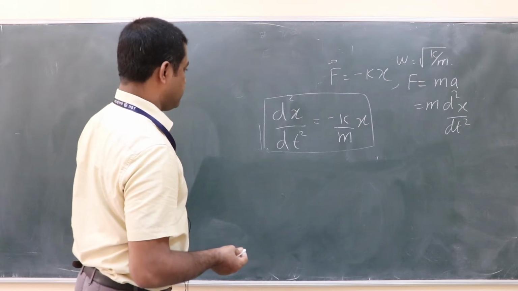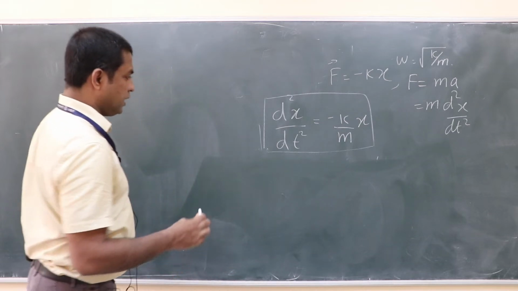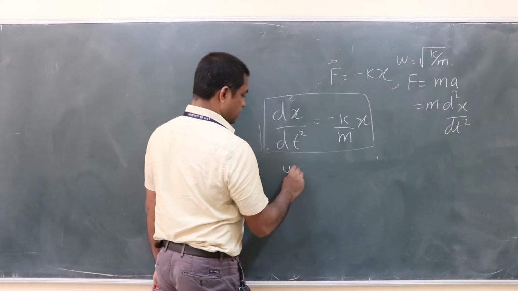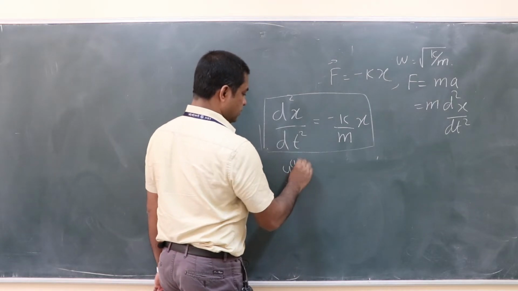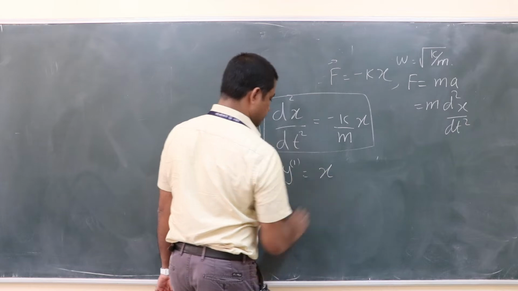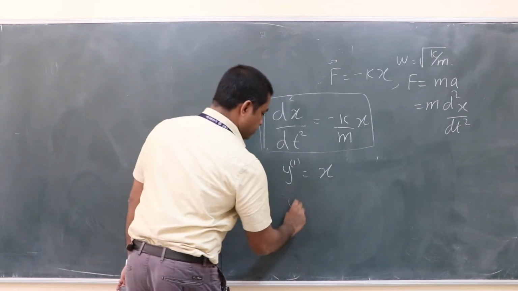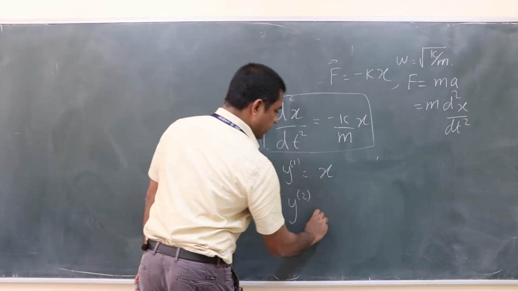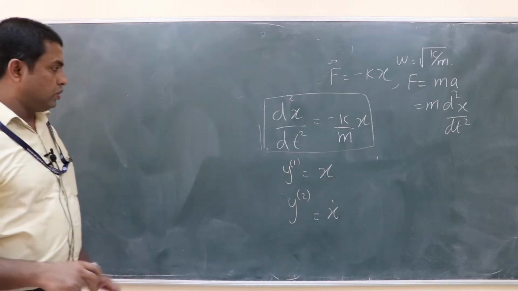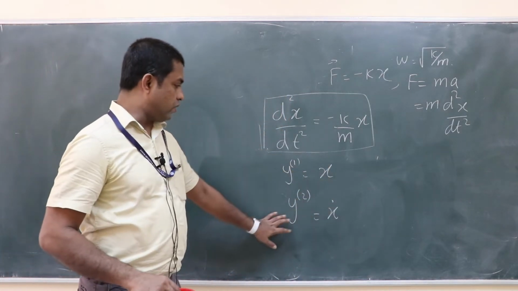So now let us just call y1 as x and y2 as x dot. Okay, you call y1 as x and y2 as x dot.